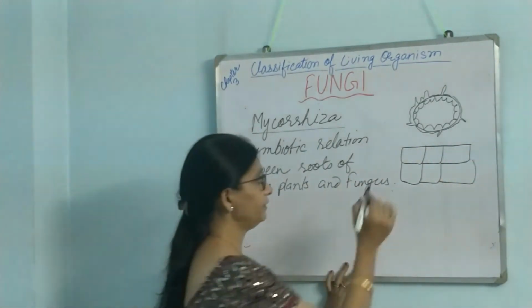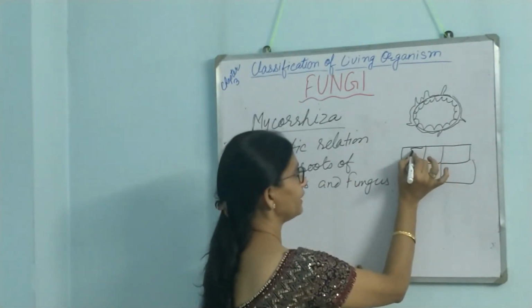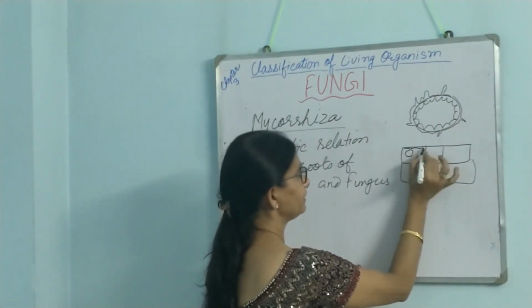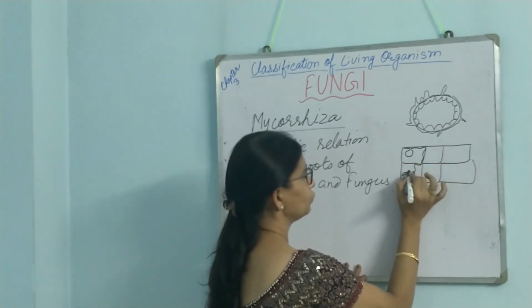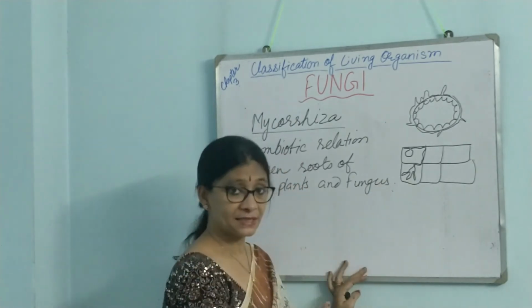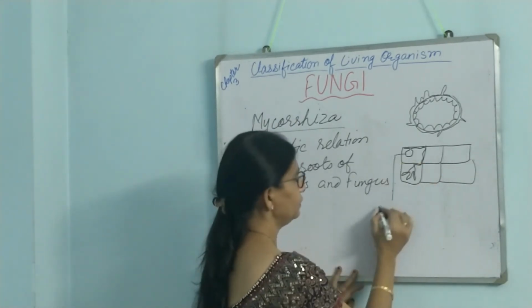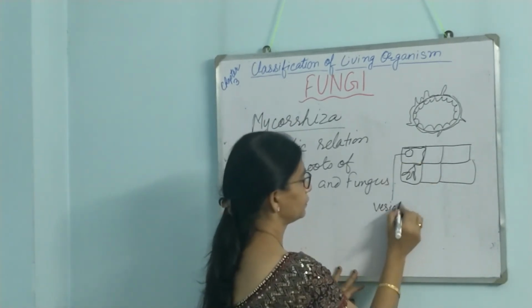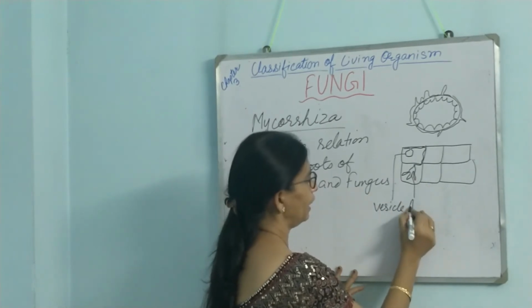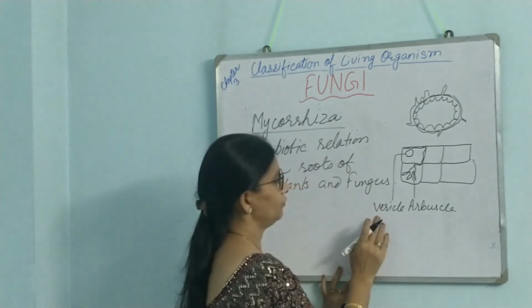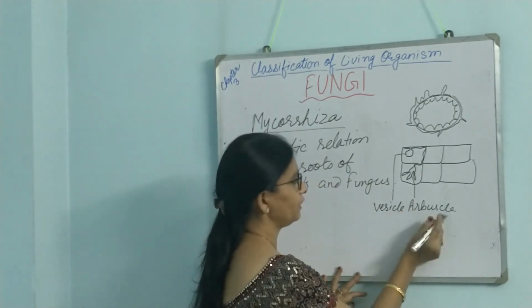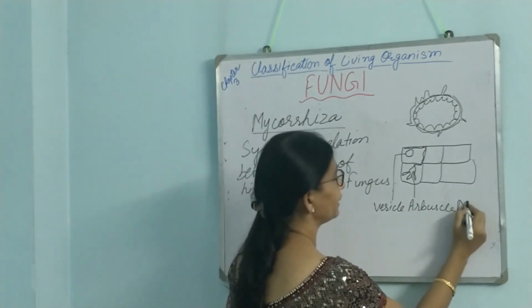And the endomycorrhiza will send their hyphae inside and form vesicles, or they will form hyphae-like structures known as arbuscules.